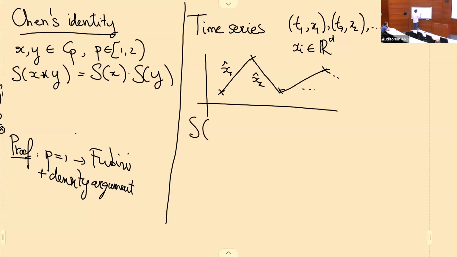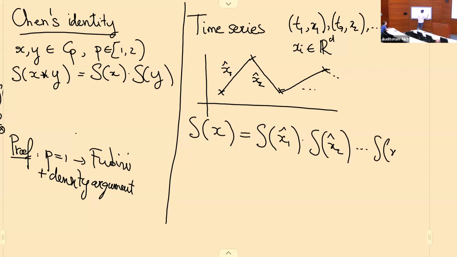So the signature of the interpolated time series x hat, by Chen's identity, is going to be equal to the signature of the first linear piece x hat 1, tensor product, the signature of the second linear piece x hat 2, and so on, up to S(x hat n). Okay, so that's by Chen.